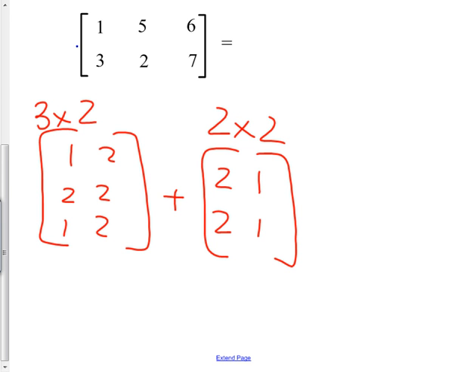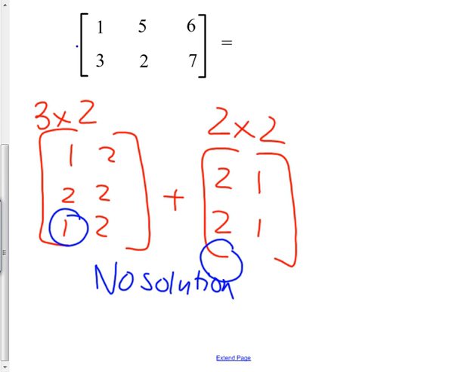Yes, she's exactly right. So if you're asked to add two matrices that are different dimensions, you can't do it. It's not possible because here we have row 3, column 1. Well, we come over here because we want to add it to row 3, column 1. There's no row 3, column 1. So if you have different size matrices, it's no solution or not possible.